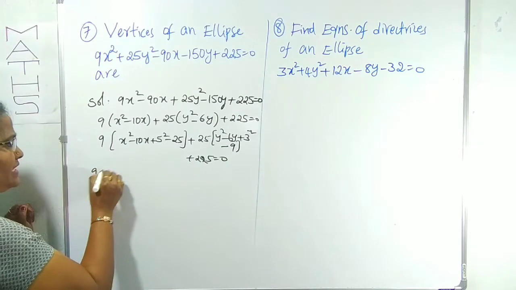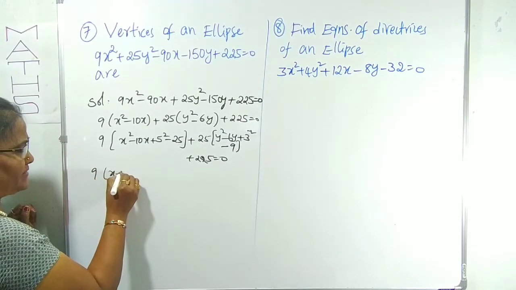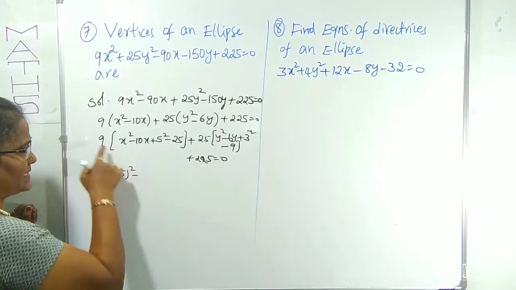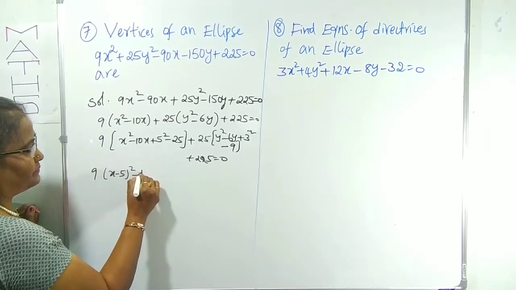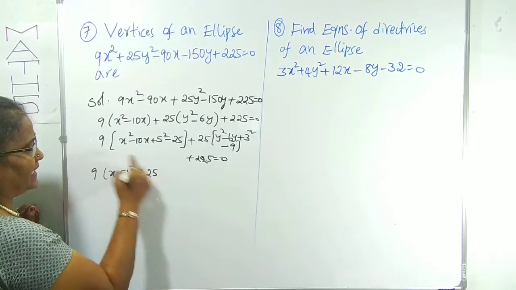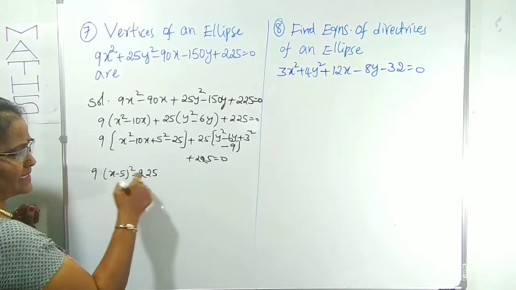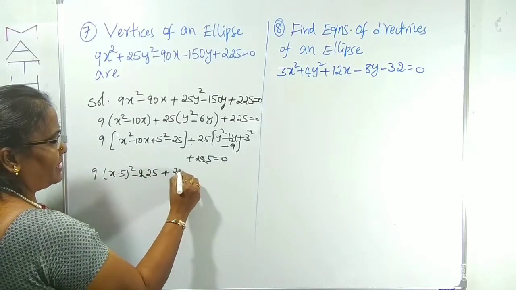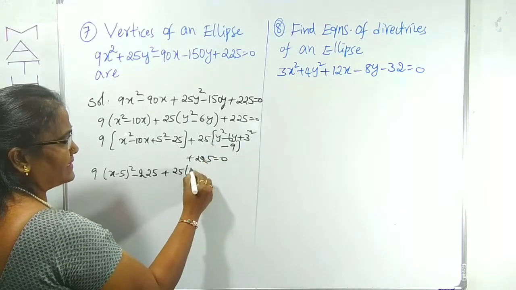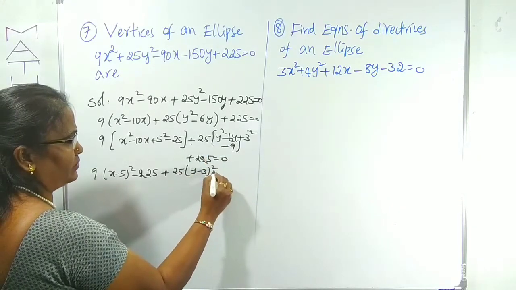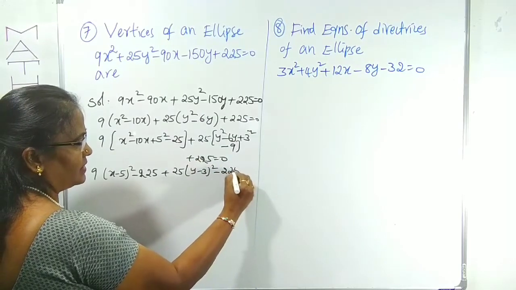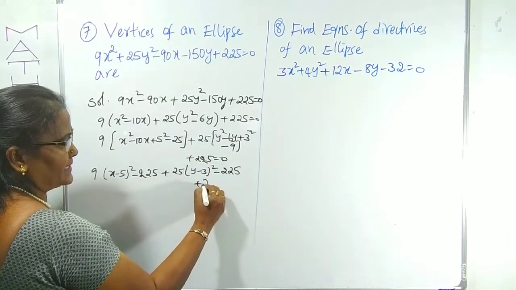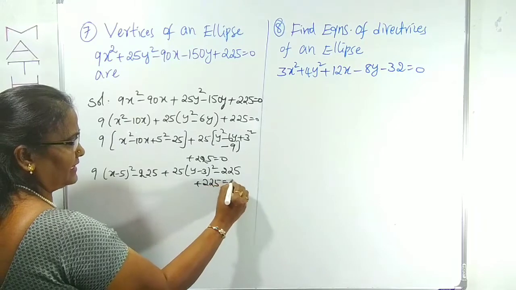This again we can rewrite as 9 of (x minus 5) whole square minus 9 times 25, that is 225, with minus. Here also 25 of (y minus 3) whole square, with minus 25 times 9, that is 225. Plus already 225 is there here, equal to 0.